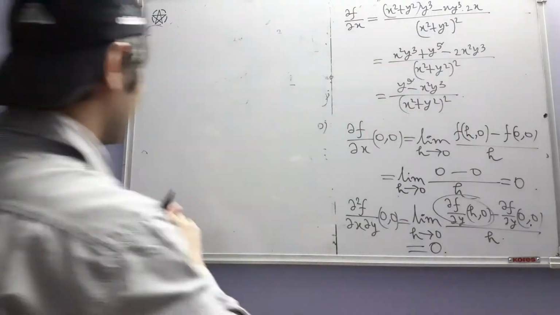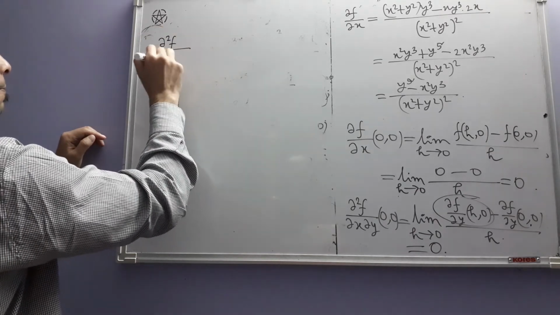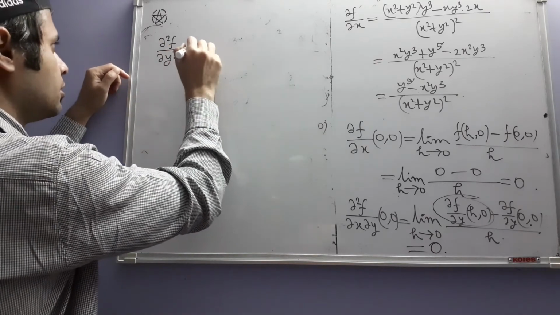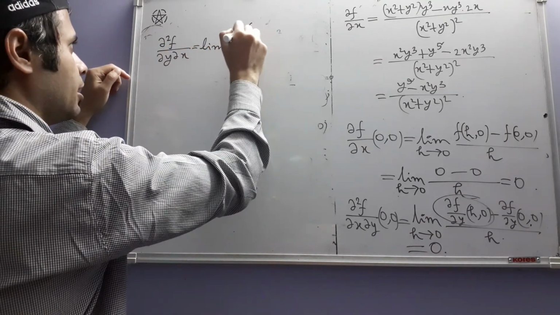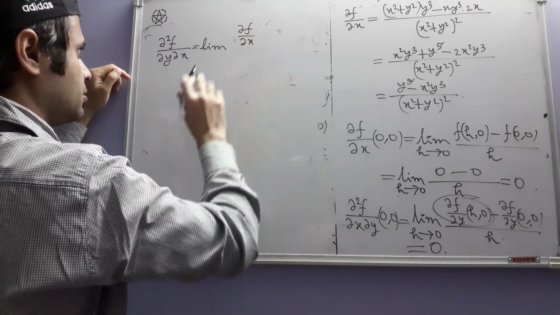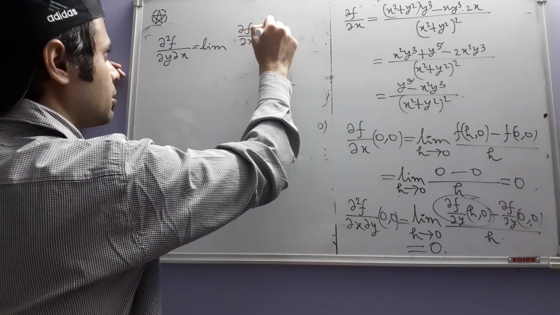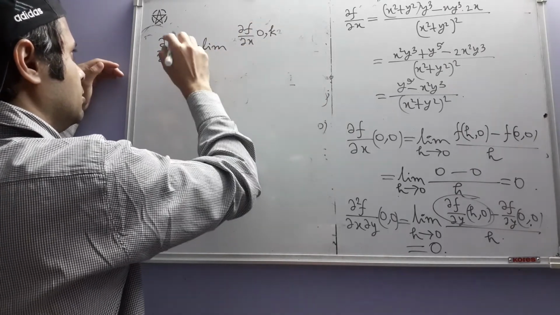Now what about the other partial derivative? What about this one? Here if I apply the formula, ∂f/∂x, now we are differentiating with respect to y, so (0, k) at (0, 0) of course. Oh, I should not forget that one.